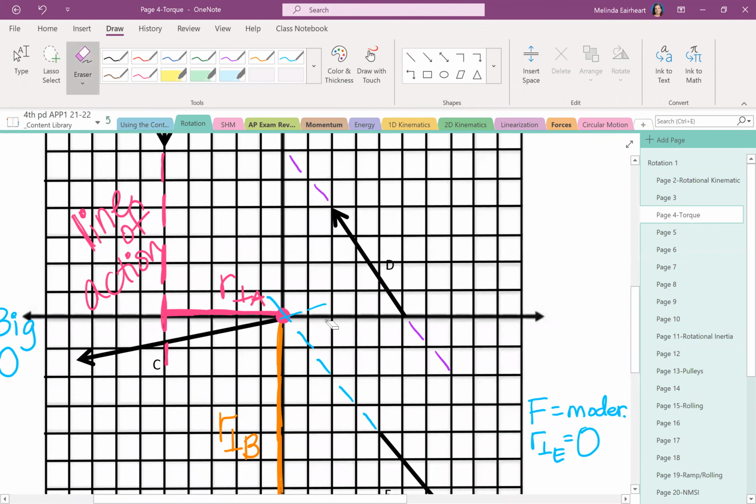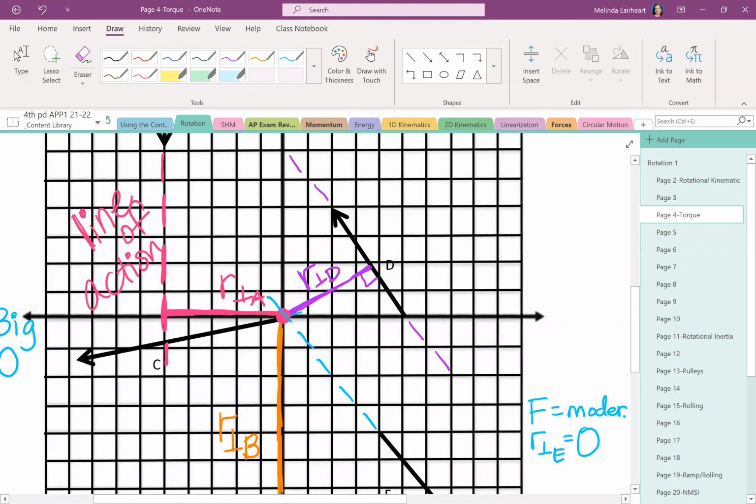Now I'm going to erase those blues because I don't want to confuse things. And you don't have to do it perfectly. But isn't this a perpendicular lever arm to that given force? So technically this is our lever arm for D.